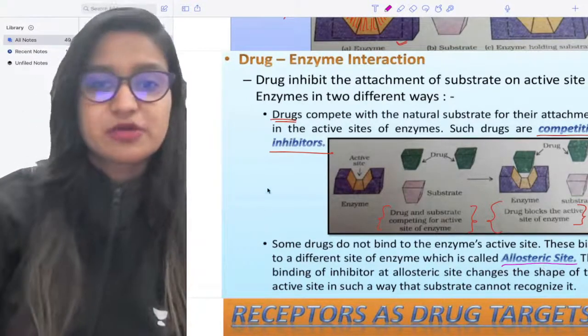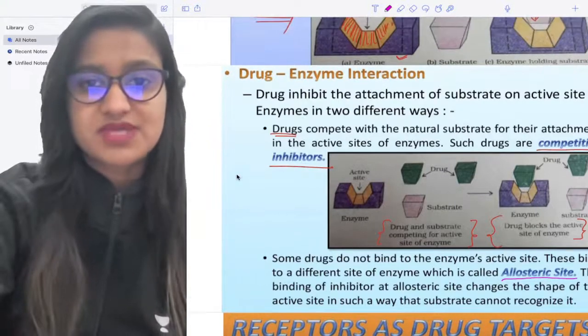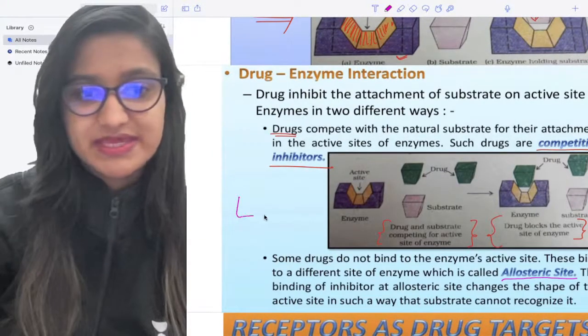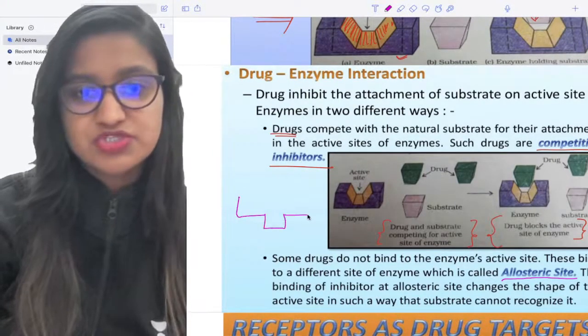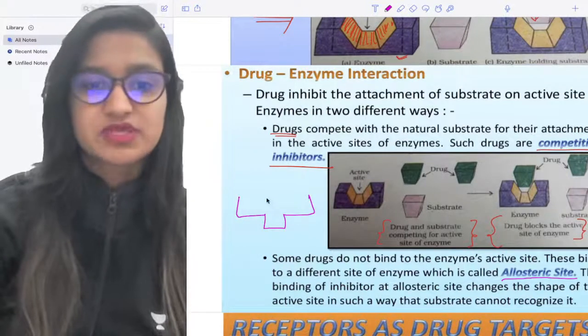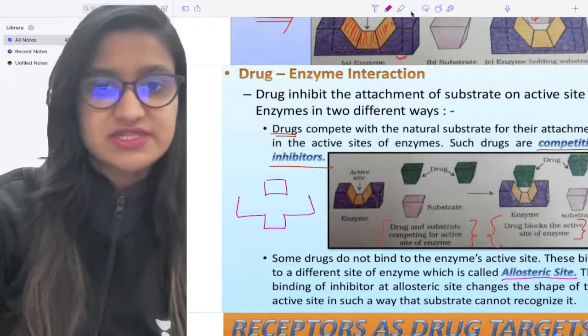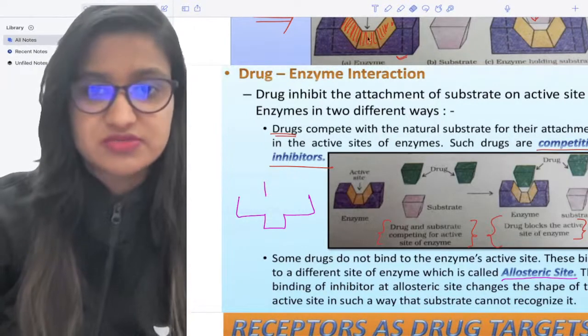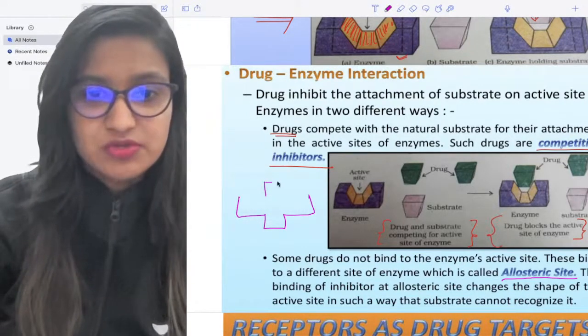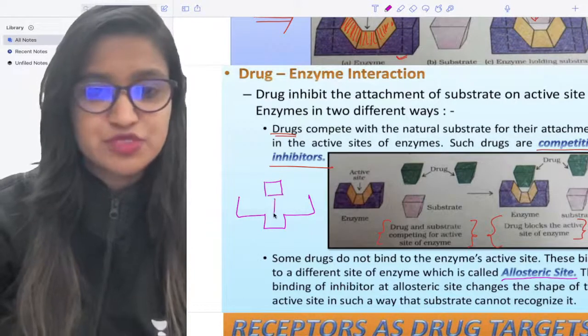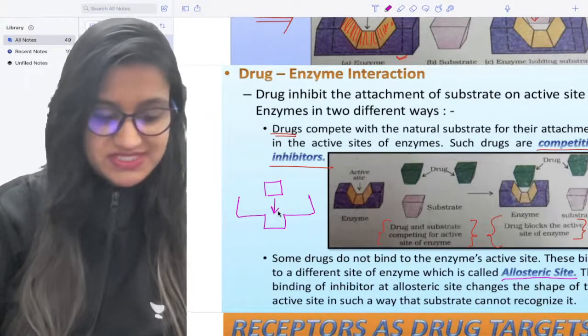ठीक है? कि देखो, say if this was your active site, ठीक है, और जो substrate था वो इस shape का था, such that it will get fit into this. ठीक है?